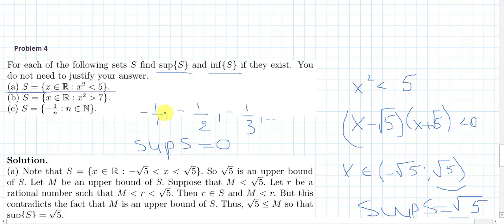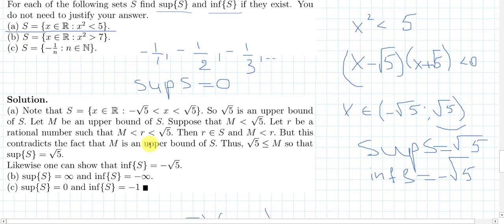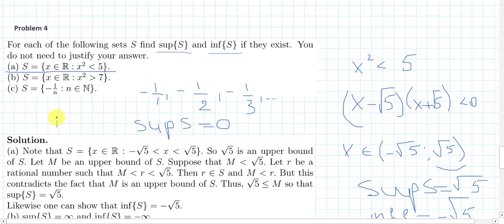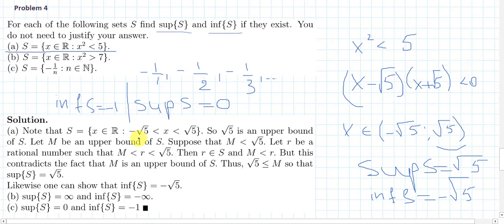And the infimum of this one is minus 1 because this is the greatest lower bound. The infimum of S is minus 1. So we have the supremum and infimum of these sets.